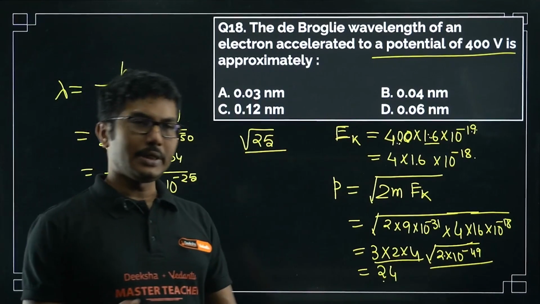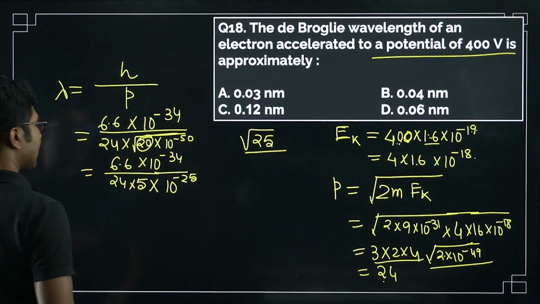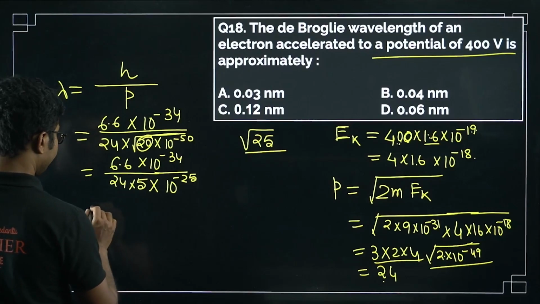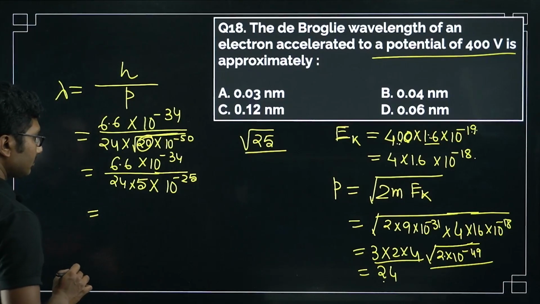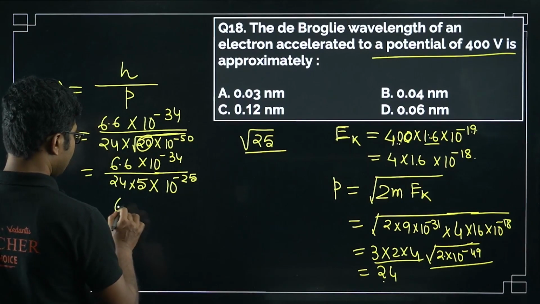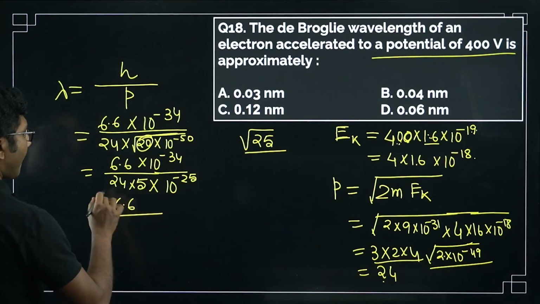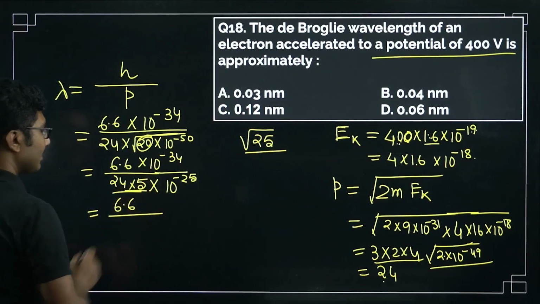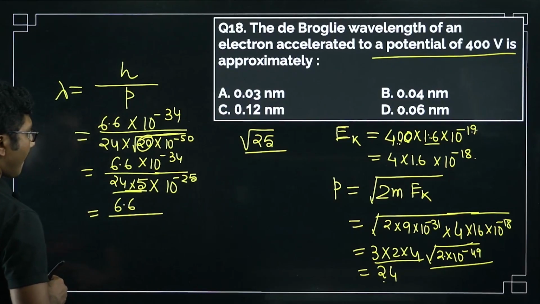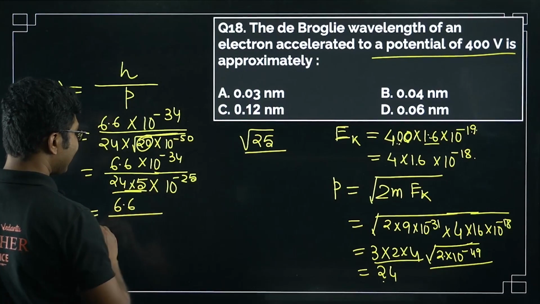The order of the answer will be the same, right? So that is our target. So 6.6 divided by... let's do the math, not 100, less than 100.